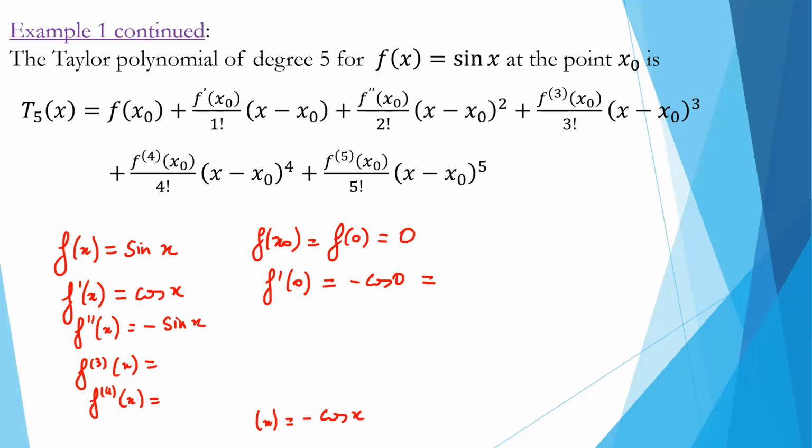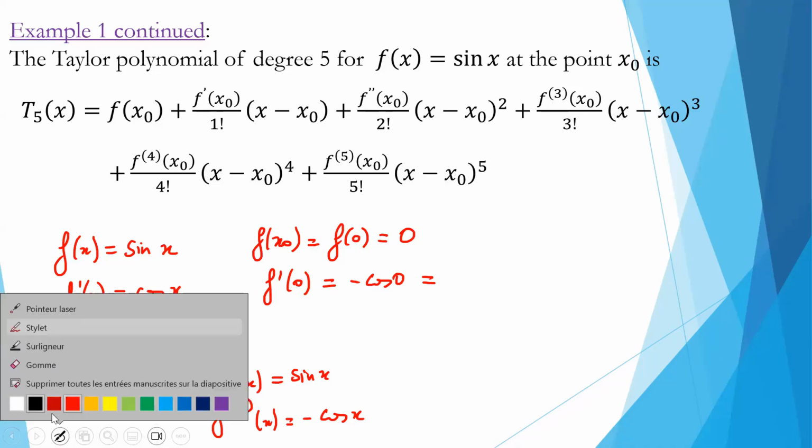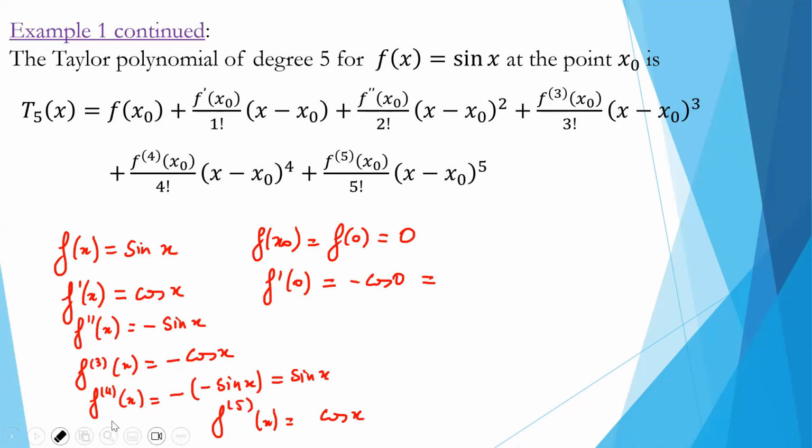The derivative of minus sine is minus cosine. What is the fourth derivative? It's sine x. And finally, what is the fifth derivative? It's cosine x. And now we are good.